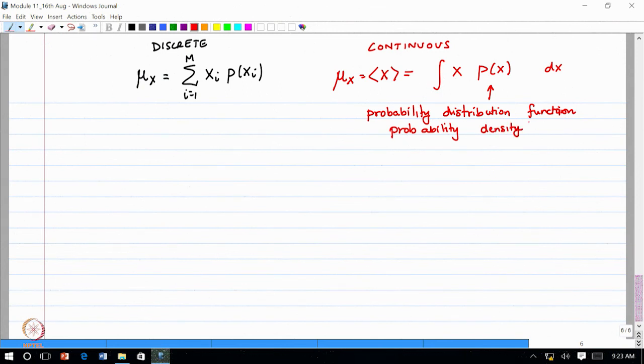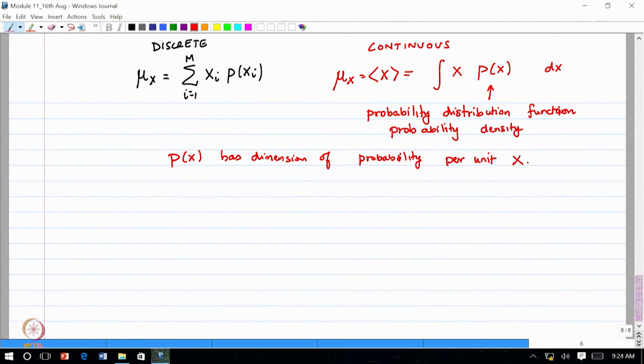It is very important that you identify immediately that if I define it in this way, p of x has dimensions of probability per unit of x.